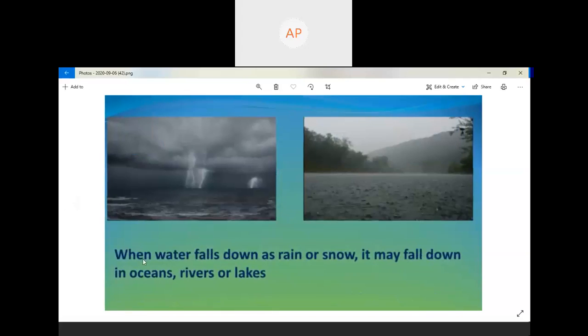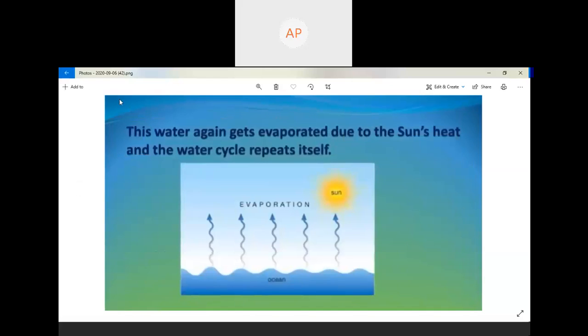When water falls down as rain or snow, it may fall into oceans, rivers, or lakes. This water gets evaporated due to the sun's heat and the water cycle repeats. So this is how the water cycle functions.